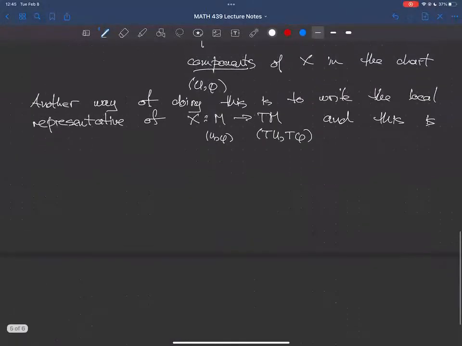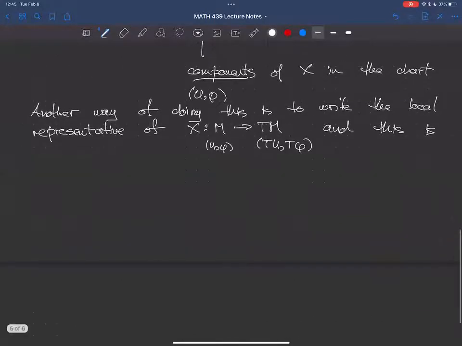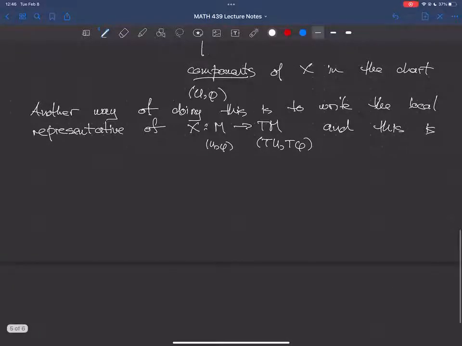Okay, so let me write this in the notation that we use for local representatives. If I had a local representative of a mapping F between two manifolds which had charts U, phi and V, psi, well, we talked about this, then we wrote the local representative like this. But now F is X, phi is phi, and psi is T phi.